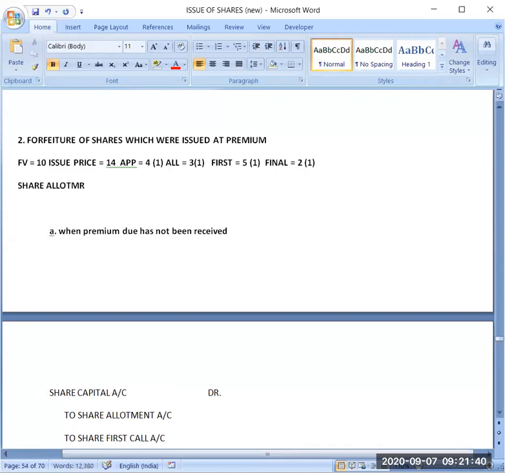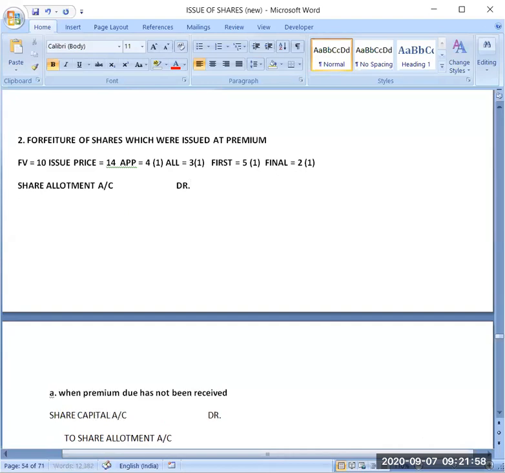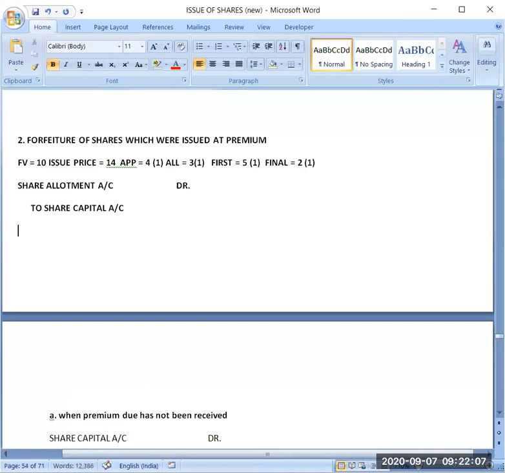Share allotment account debit, to share capital account, to securities premium reserve account.